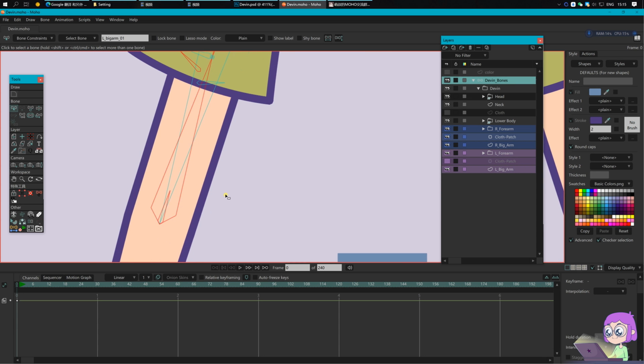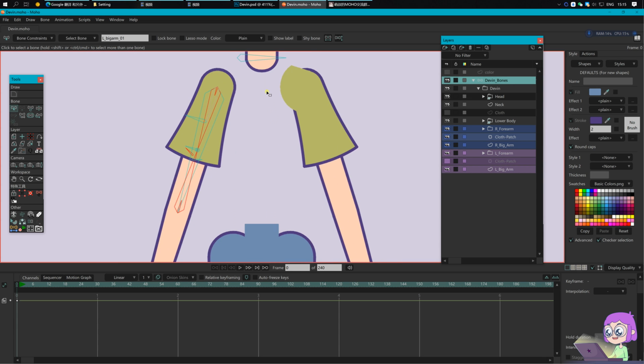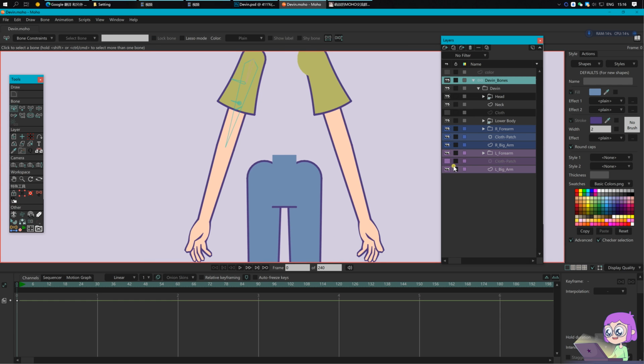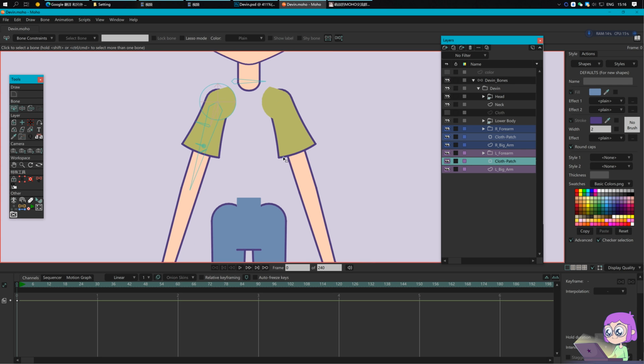Now I hide the bones that I don't need to use, and set the bones of the forearm. Oh, don't forget to bind the patch layer.